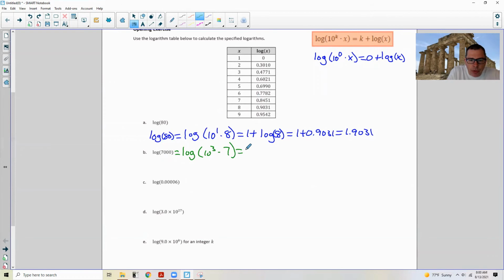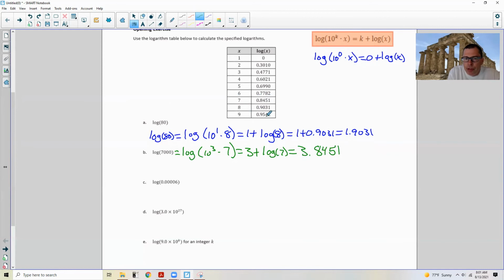That's going to equal 3 plus, the power goes out in front and is added, 3 plus log 7. So that's going to give us 3 plus, and I'll just add it to this decimal since I'll skip this step. So it's going to be 3 point, the log of 7 is 8451.